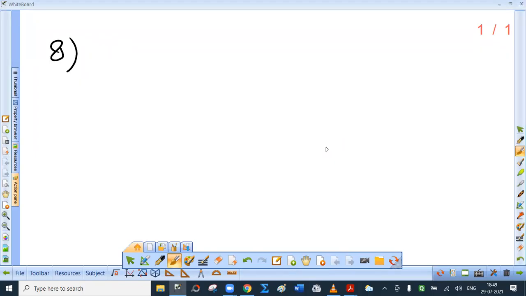Okay. Start writing. I'll dictate the solution. Let X equal to set of all literate individuals.